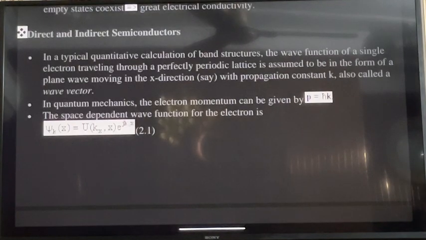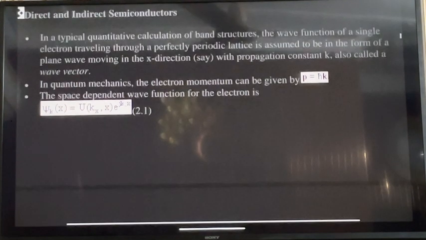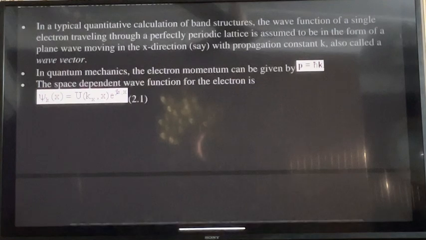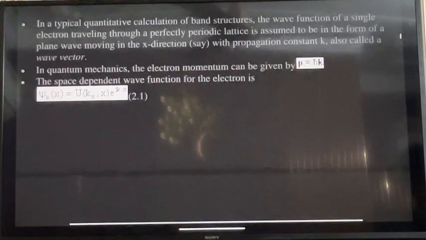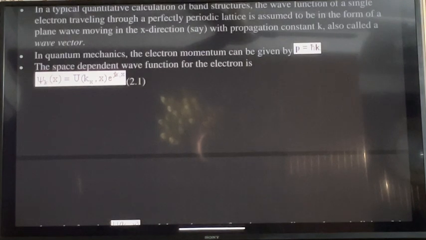Now, direct and indirect semiconductors. In a typical quantitative calculation of band structures, the wave function of a single electron traveling through a perfectly periodic lattice is assumed to be in the form of a plane wave moving in the x direction with a propagation constant k, also called a wave vector. In quantum mechanics, the momentum can be given by p is equal to h bar k.